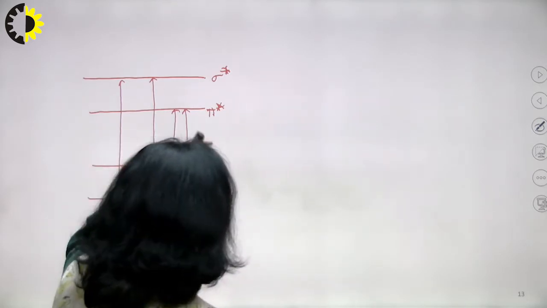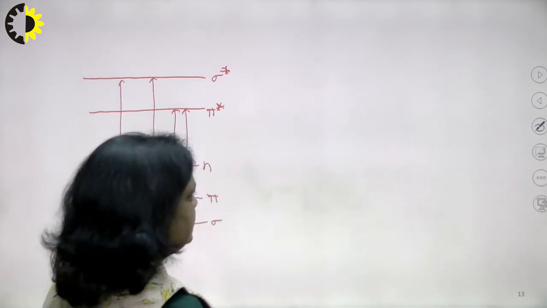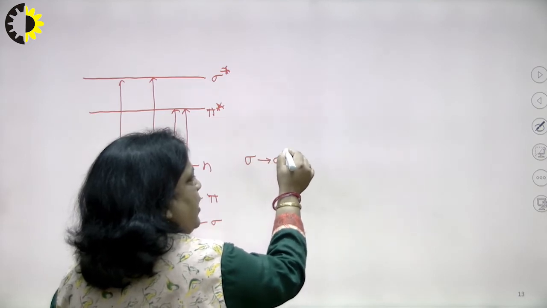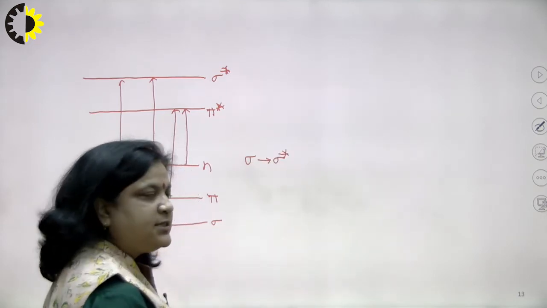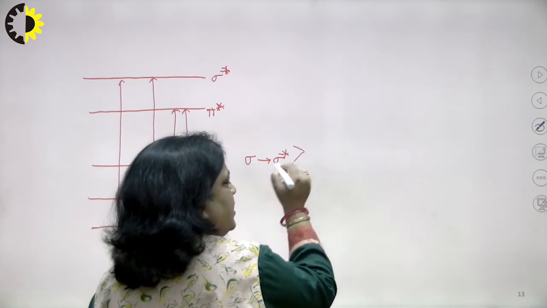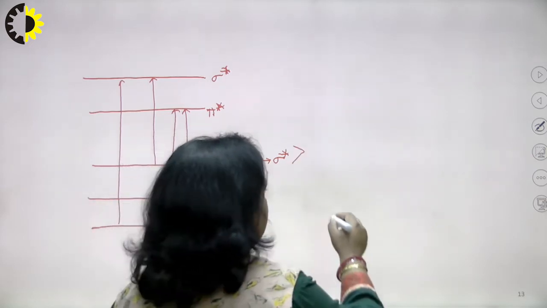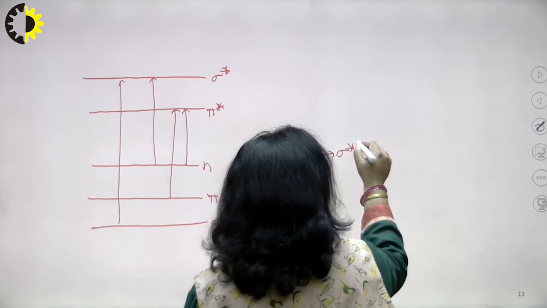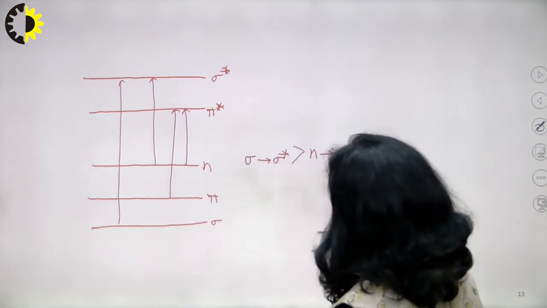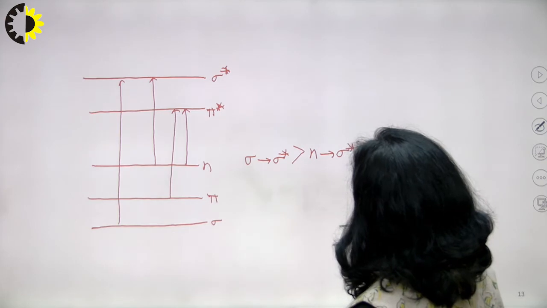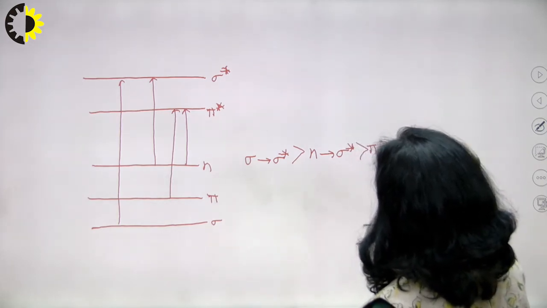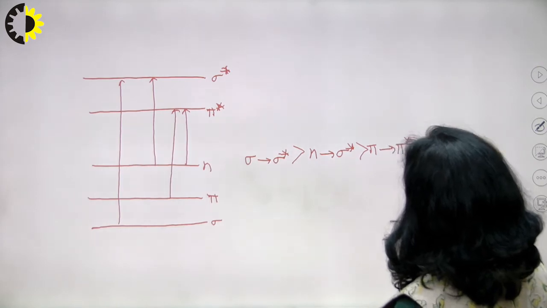And if we compare the energies of all 4 transitions, sigma to sigma star requires the highest energy, so that is why it occurs in the far UV region, then n to sigma star, and then pi to pi star, and for n to pi star the least energy is required.